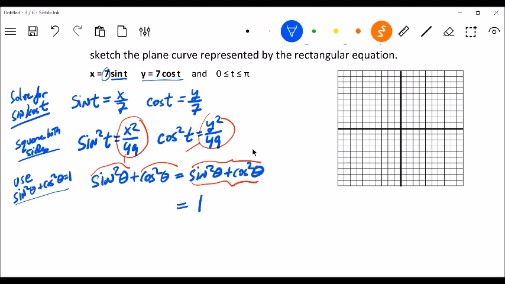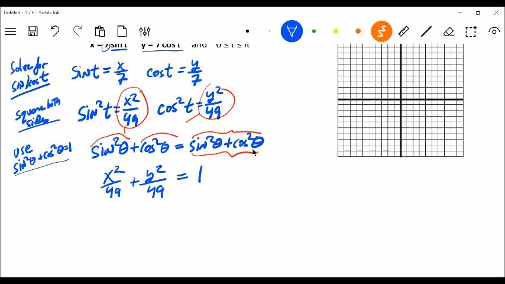So sine squared theta is x squared over 49, plus, cosine squared theta is y squared over 49. Now multiply. So actually what I did was substitute: I substituted for sine squared theta and cosine squared theta.